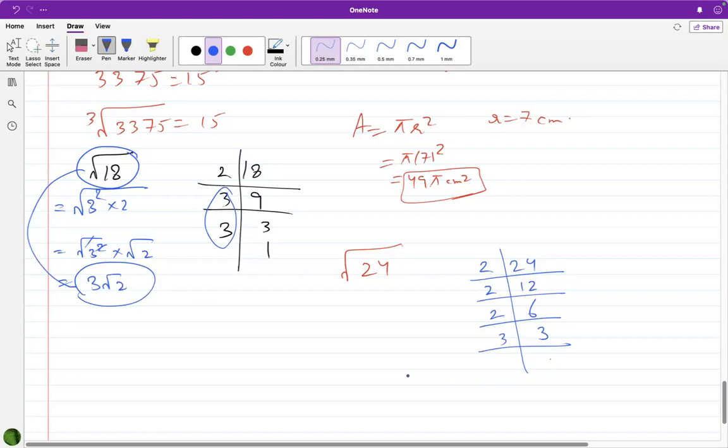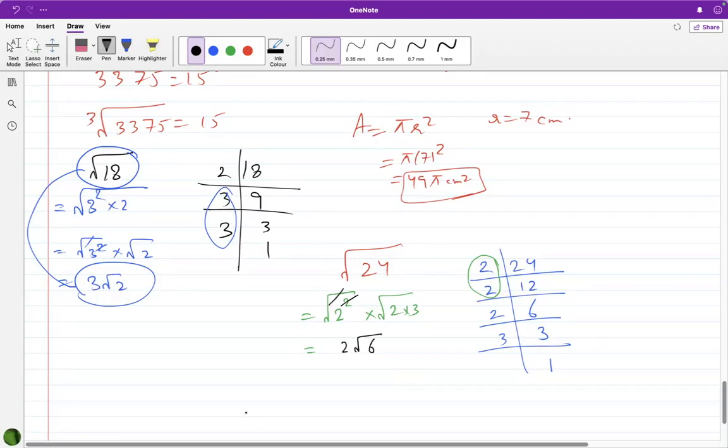So do we agree that we have only one pair? So may I write it like this for square root 24? Yes. We're getting rid of this. This is 2 square root 6.